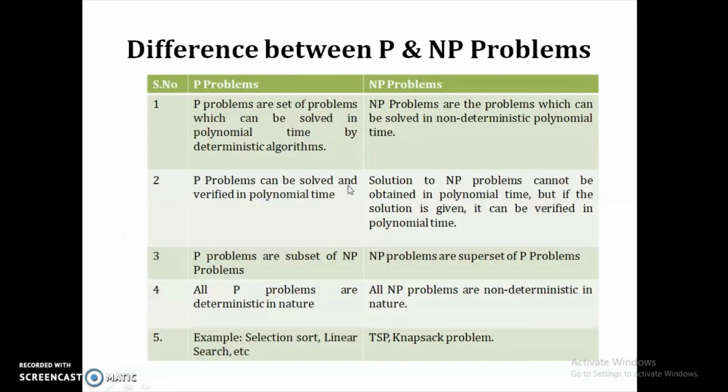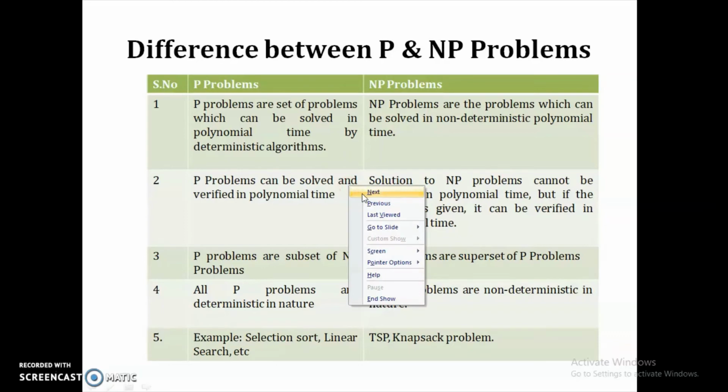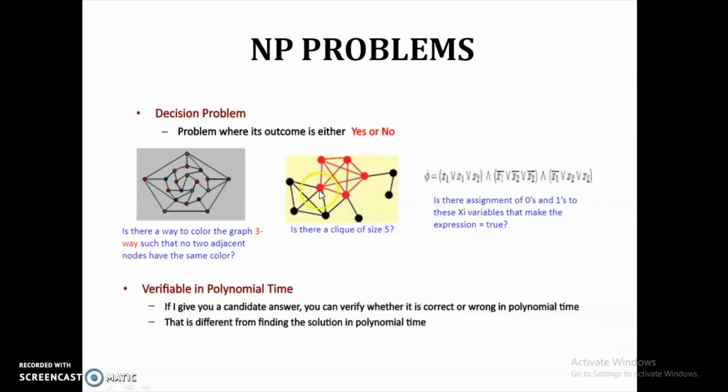The size of the clique is the number of vertices which form a complete graph. So for this example, 1, 2, 3, 4, 5, these 5 vertices form a complete graph, so the clique size is 5.